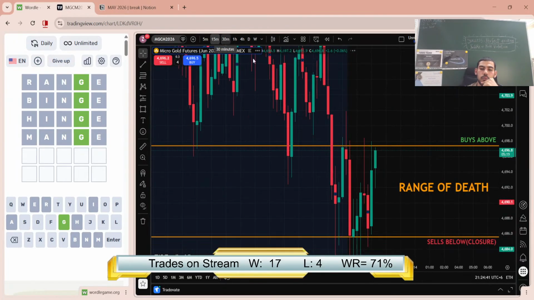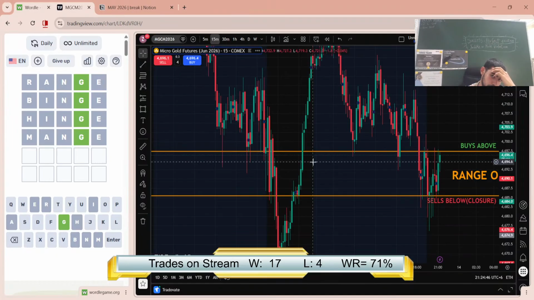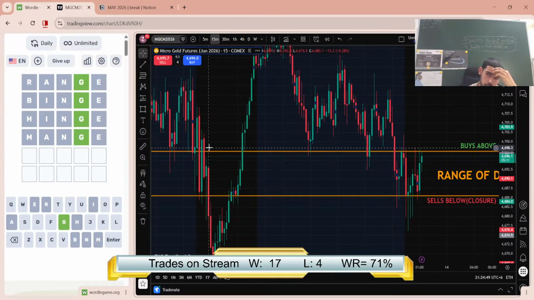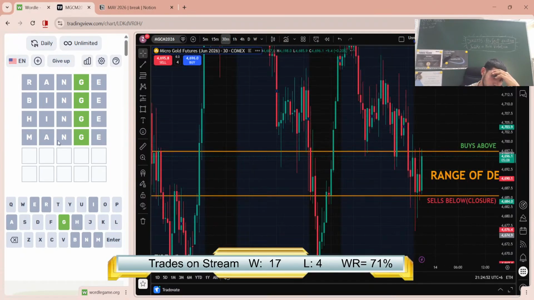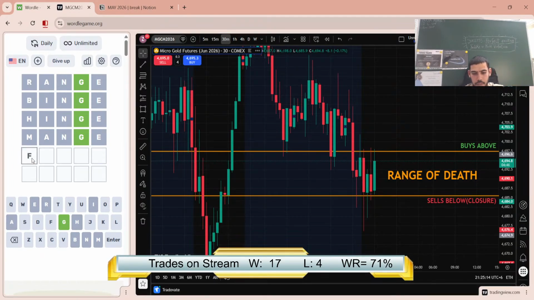I think I can find this word. Range, bench, hinge, manage. Marriage. No, marriage is a six-letter word, I think. Carriage. Manage. Hinge, bench. Flinch? No. Cringe.